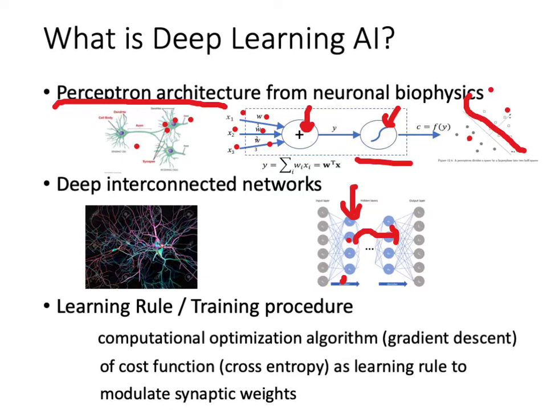And the real advance in the past decade has been the discovery of a training procedure which allows us to modulate and set the ideal synaptic weights to achieve the best classification or decision making operation. And this procedure is nothing other than an optimization algorithm, which is iteratively performed. This algorithm is called gradient descent to minimize a cost function, typically called the cross entropy.